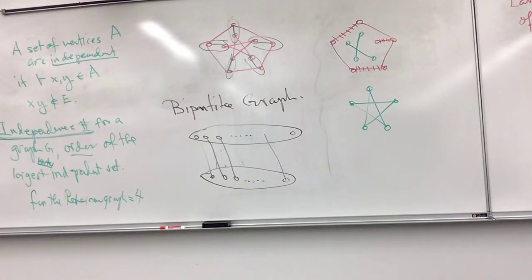Can you find a G matching up four edges? G is this, it says up here. It has partitions X and Y. Can you find a matching?